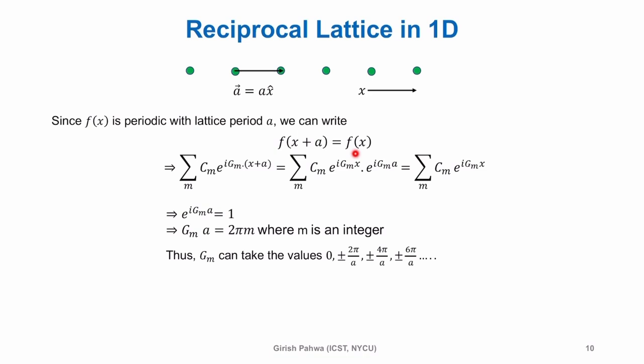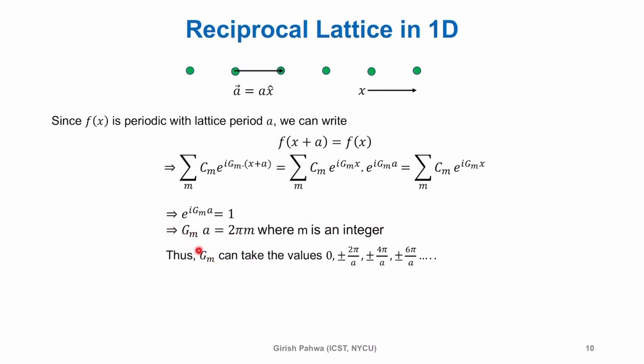So information of f of x is contained in this Cm and in this Gm. If you know the Gm and the Cm, you know the f(x), correct? So no information will be lost if I have this Gm and this Cm. If I know them, I will do this summation, I will be able to obtain the f of x, right? So Gm contains some part of that information.